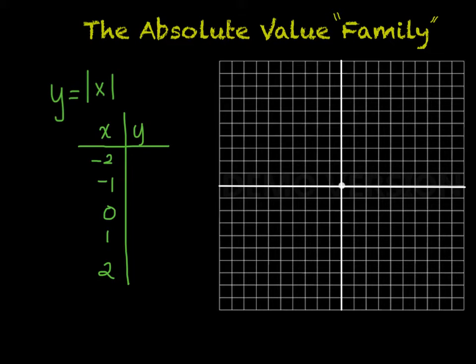So again, what do the absolute values mean? Absolute value is the distance from 0. So if I take this -2 and I plug it in here, the absolute value of -2, the distance from 0 that -2 is, is 2.